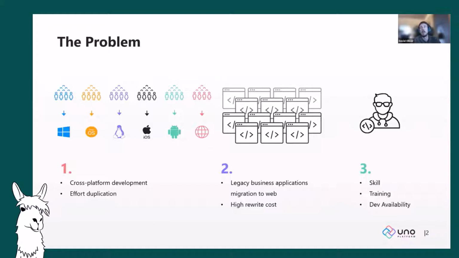And all of those target platforms have different native frameworks for building applications. They've each got their own UI framework. They, for the most part, all use different programming languages.